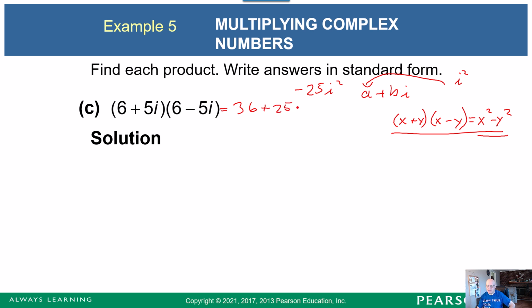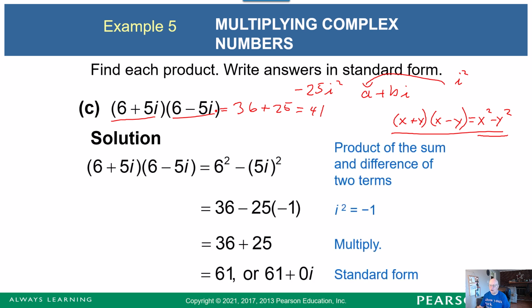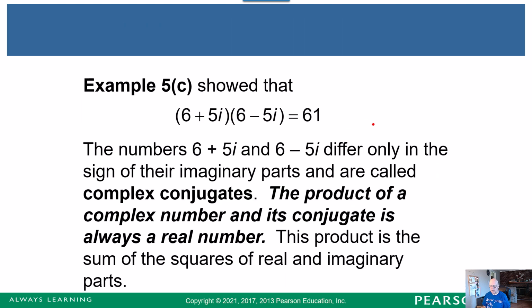No i's left. Add those two together. What a surprise. It actually turns out to be a real number, even though you've multiplied two complex numbers together, expecting to get a plus bi version of something. Remember the shortcut, because that can make things a lot faster for you. And that is something you should know coming in to college algebra.